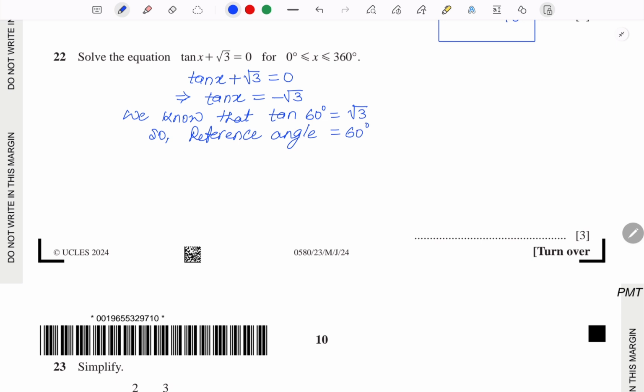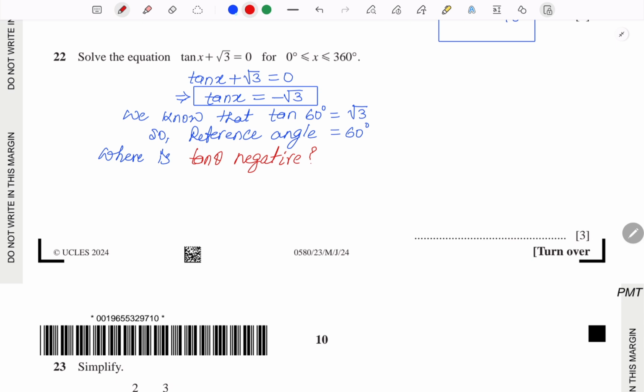But clearly here tan x is negative root 3. That is a negative value. We have to ask this question: where is tan theta negative? Let's try to find the answer.